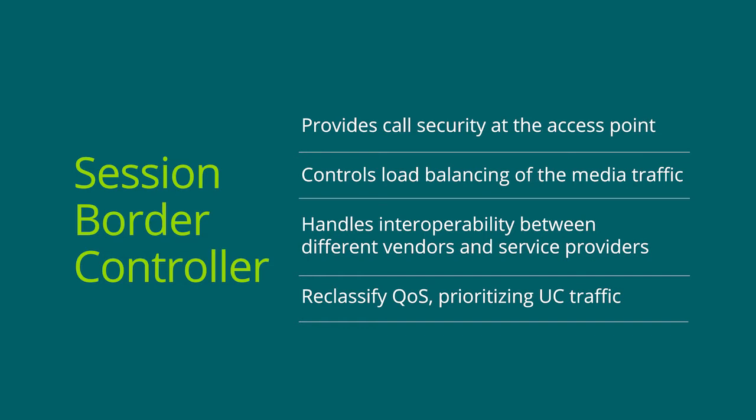Two, controls load balancing of media traffic in a way that a traditional load balancer is just not suited to. Three, handles interoperability between the different vendors and service providers, because while SIP signaling is a standard, some standards are not exactly equal. And four, they reclassify the QoS, prioritizing UC traffic, which helps assure quality.